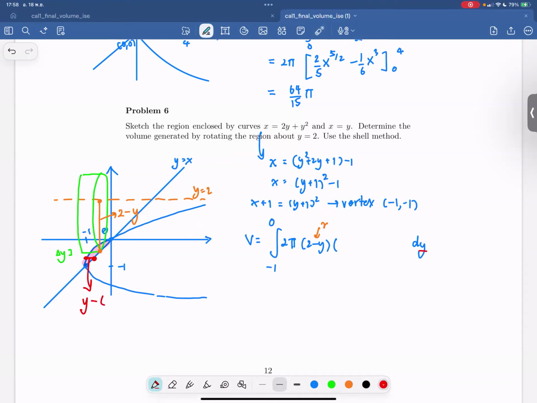And minus the left function. The left function is the parabola, and again you need it in the variable y. So finally you get the height in terms of y as minus y squared. So we put the height here.